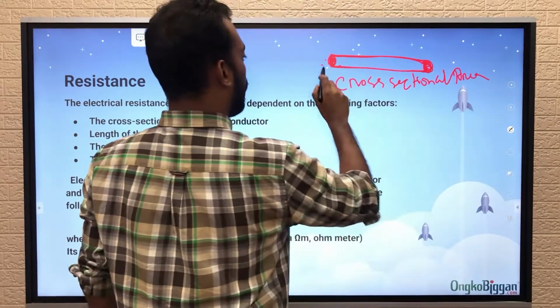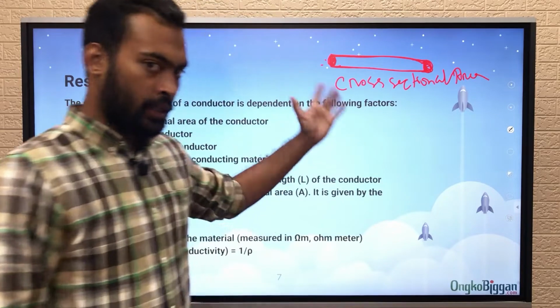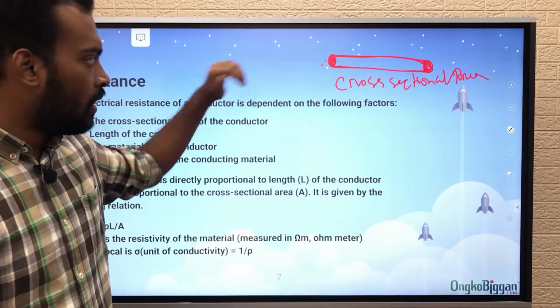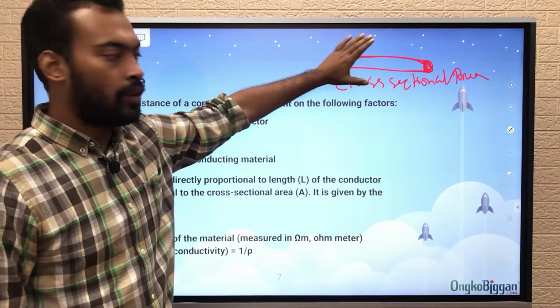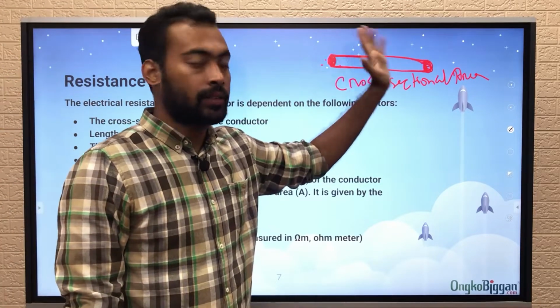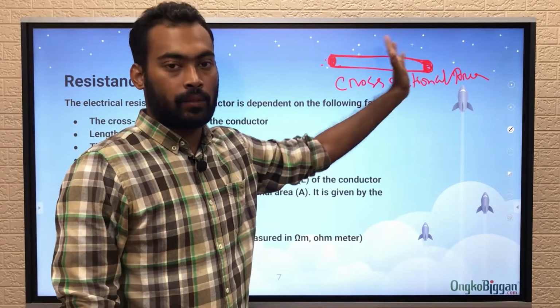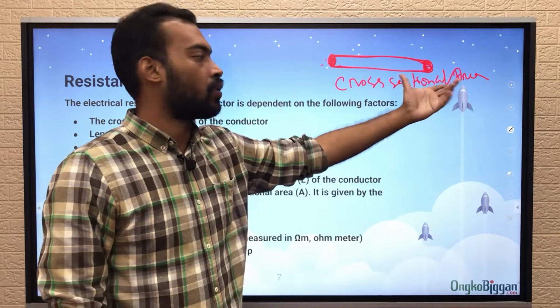Now, this is not a proper rectangle or square or circle. This type of shape we call cross-sectional, and the area which we have to determine is called cross-sectional area.